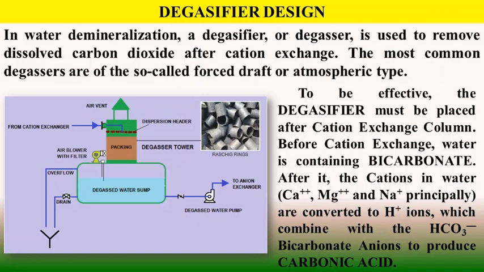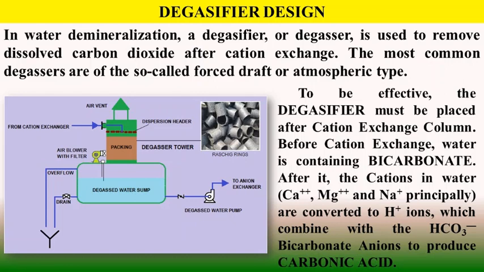Now let us try to understand the degasifier design. In the demineralizing process, a degasifier or degasser is used to remove the dissolved carbon dioxide after the cation exchange process.